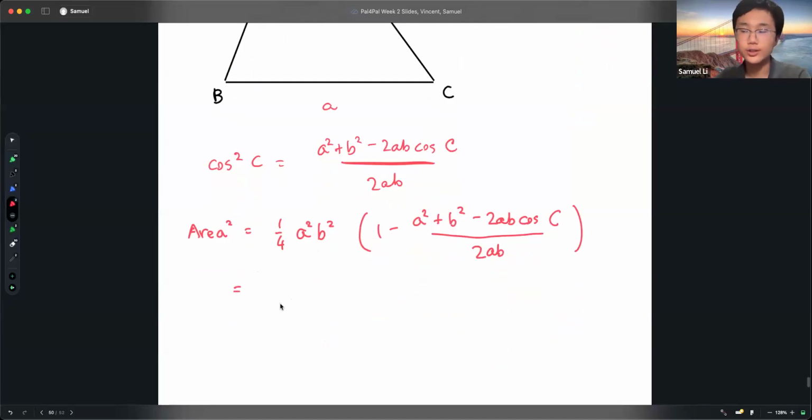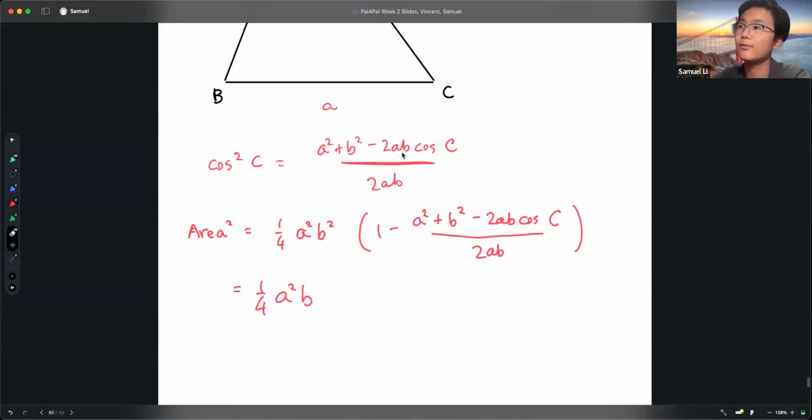Let's expand this actually. We have 1/4 of... Oh wait, what am I doing?